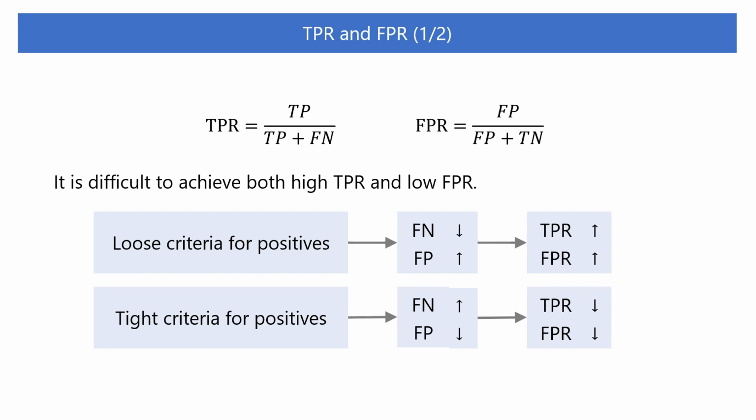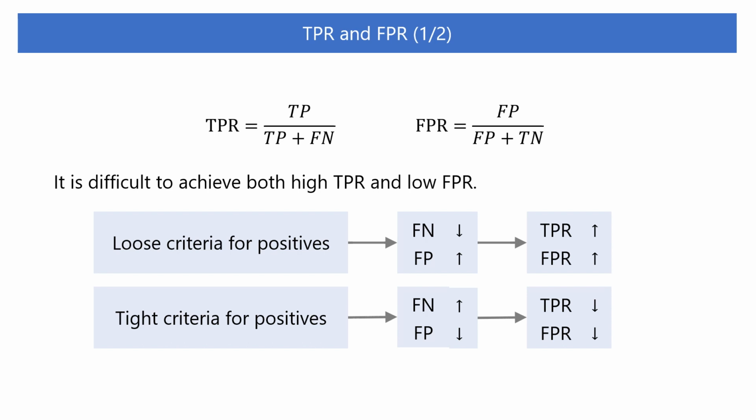The true positive rate reflects the model's effectiveness for the positive class, while the false positive rate measures the model's error rates for the positive class. Therefore, a model with high true positive rate and low false positive rate is desirable. However, it is difficult to achieve both high TPR and low FPR.